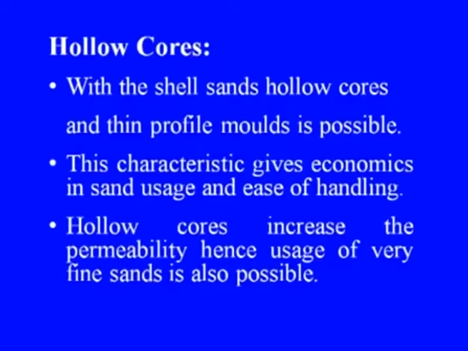Next is the hollow cores. With the cell sands hollow cores, the thin profile mold is possible. This characteristic gives economics in sand usage and ease of handling. Hollow cores increase the permeability, and hence usage of very fine sands is also possible.